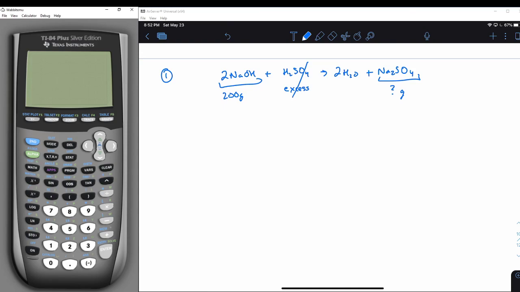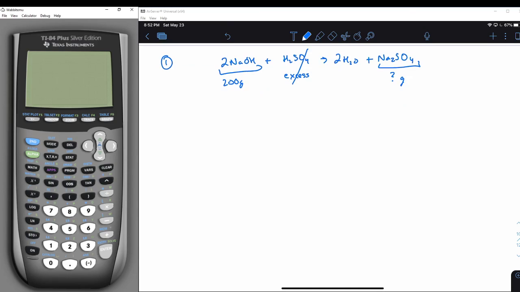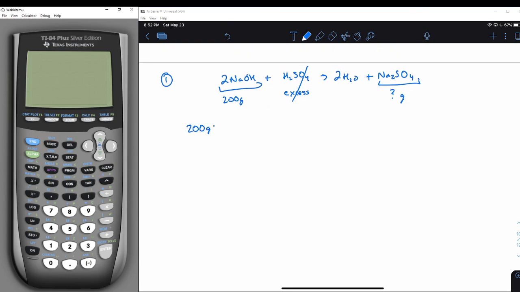And so here we will take our 200 grams of NaOH and first, like we always do, convert it to an equitable unit. And that equitable unit is always moles. So it turns out 40.0 grams of NaOH is equal to 1 mole of NaOH. Now that you've got moles of NaOH, now you can do the mole-to-mole ratio. And there's 2 moles of NaOH for every 1 mole of Na2SO4.